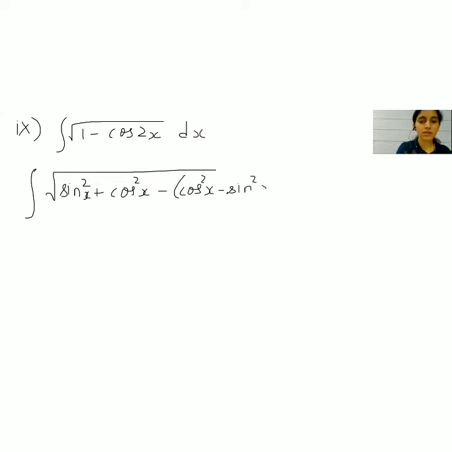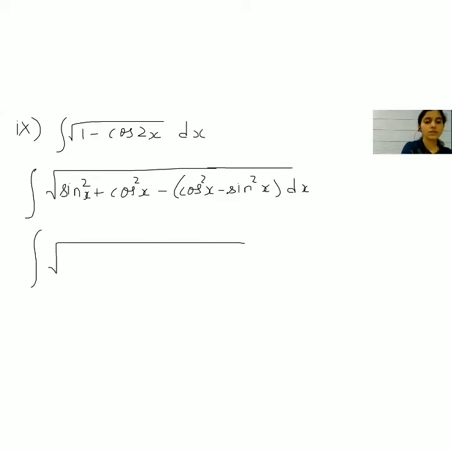So when you open the brackets, what cancels out? We'll have integration of under root of sin square x minus cos square x plus sin square x. The minus cos square and plus cos square cancel out, and you'll have plus sin square.